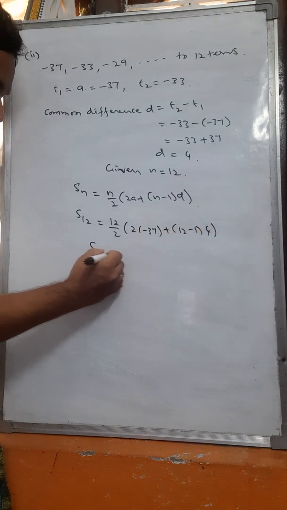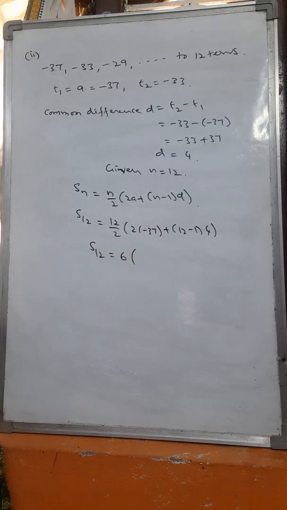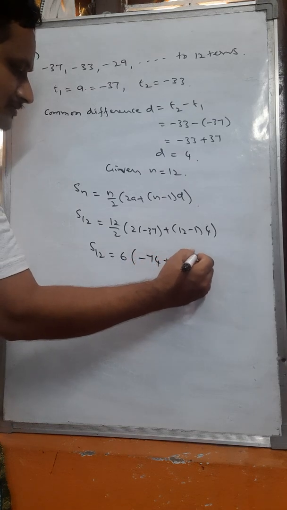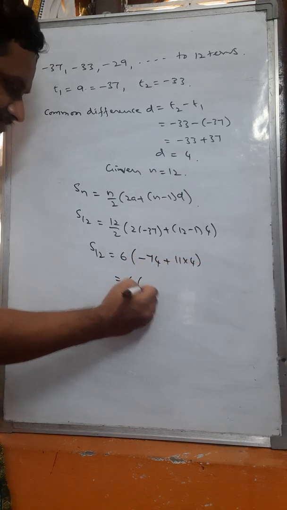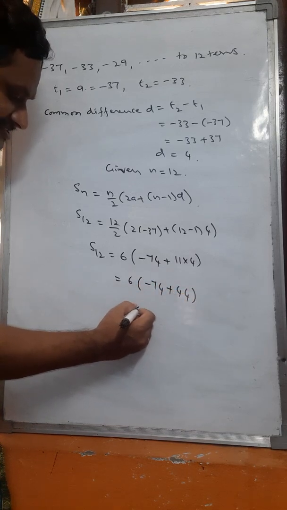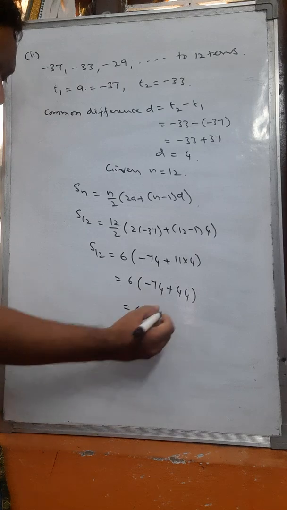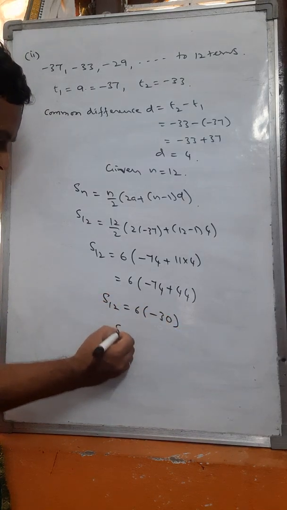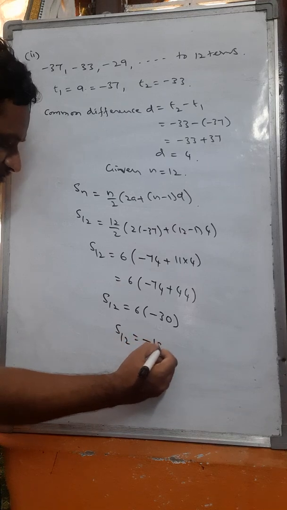So S12 is equal to 6 into minus 74 plus 11 into 4. So that is 6 into minus 74 plus 44, that is 6 into minus 30. So S12 is equal to minus 180.